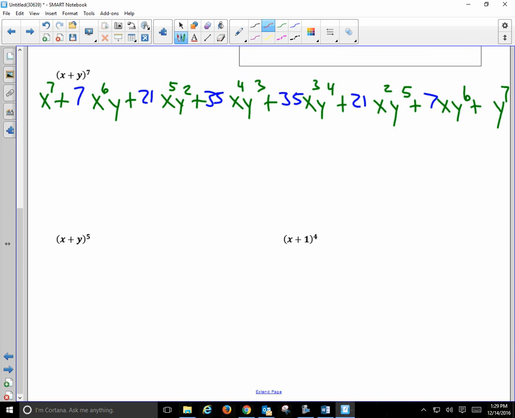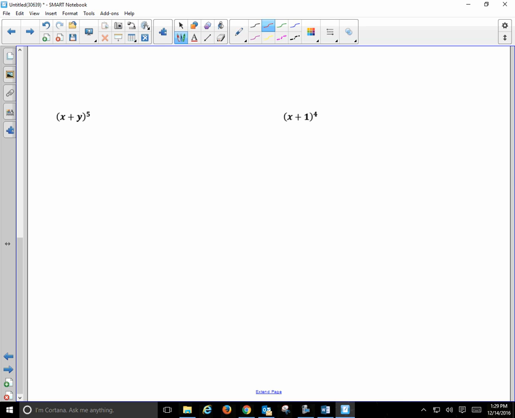We're going to do x plus y to the 5th. So I'm going to expand this. I have x to the 5th. Then what? Forget about the coefficients. Let's just do the variables.